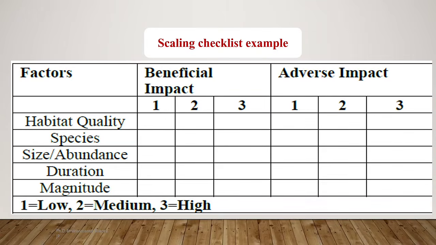Species: if the project benefits certain species, increasing their population or health, you might assign a 2 under the beneficial impact column. If it negatively affects species diversity, you might assign 2 under the adverse impact column. Likewise, in case of duration, consider the duration of the impact. Short-term benefits might be rated as 1, whereas long-term benefits might be rated as 3.